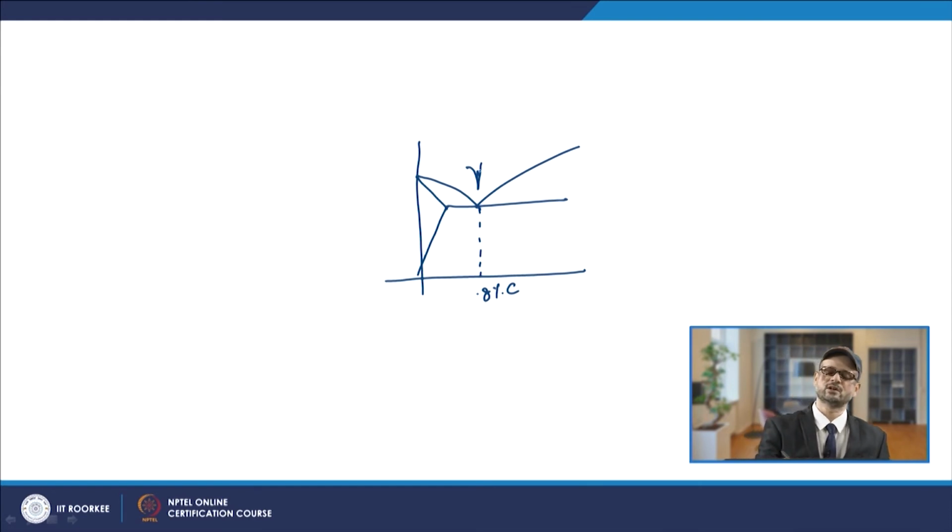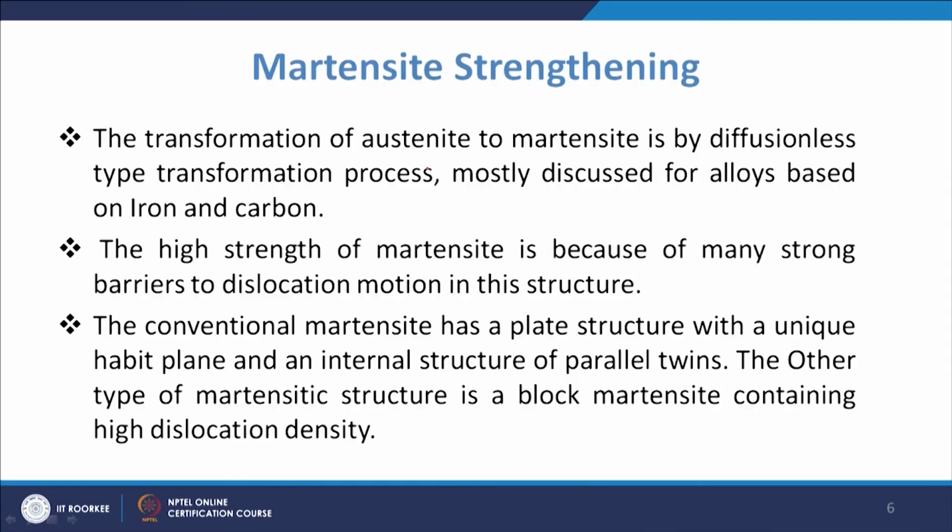So, this austenite is converted to martensite. If you talk about the conventional martensite, you have two types of structures, a plate type and a block type. Conventional martensite has a plate structure with a unique habit plane and an internal structure of parallel twins.